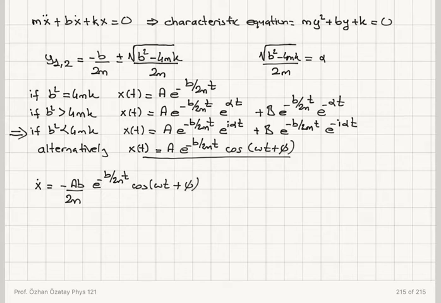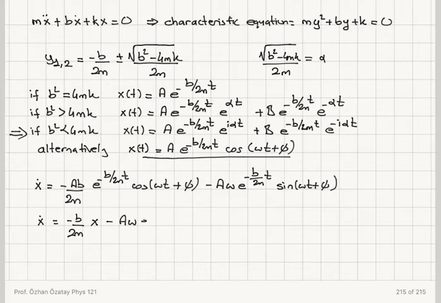Then I take the derivative of the cosine, I get a minus sine, minus a omega e to the minus b over 2m t sine omega t plus phi. Basically what I have here is x dot equal to minus b over 2m times x, minus a omega e to the minus b over 2m t sine omega t plus phi.